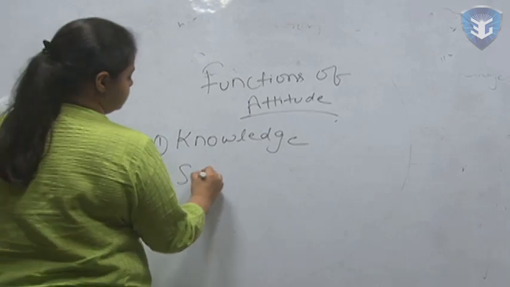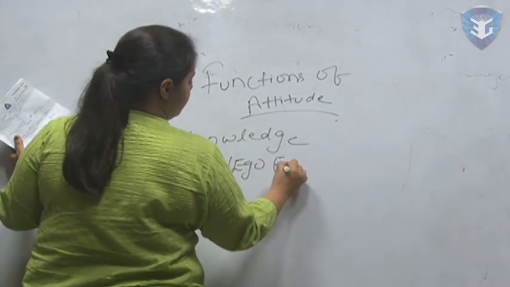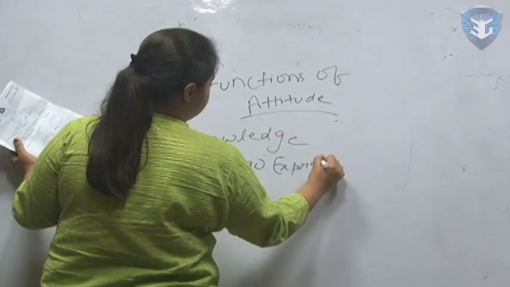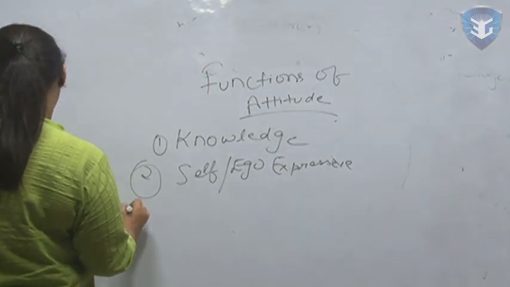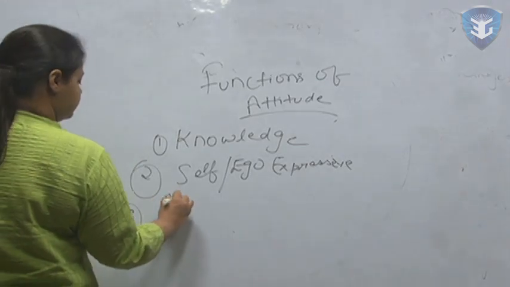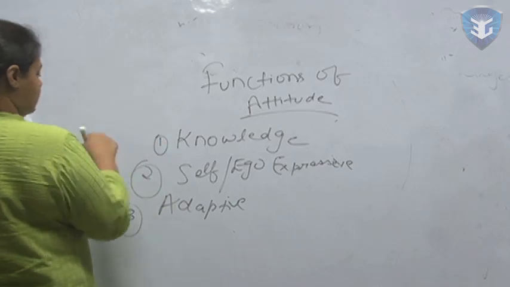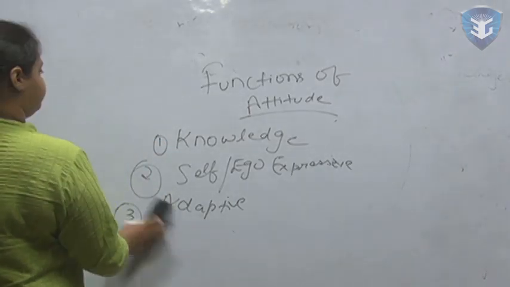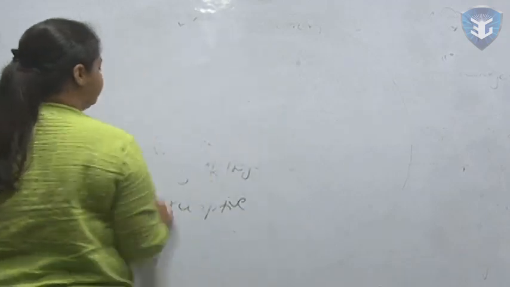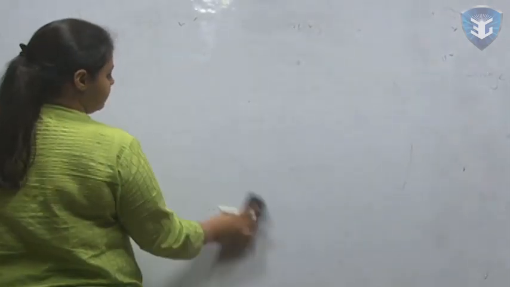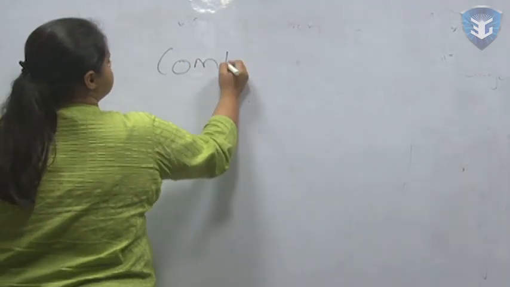Secondly, it expresses the self or ego. This can again be seen through someone's attitude. Third is, it is very much adaptive. So, these are the 3 broad functions. Now, attitude is built up of some essential components without which it would remain incomplete.